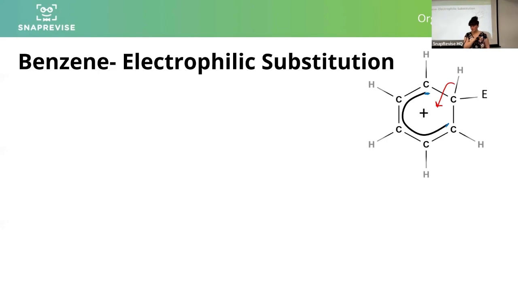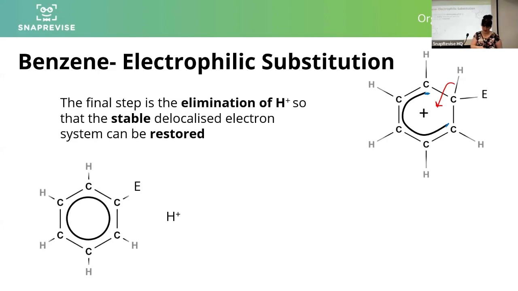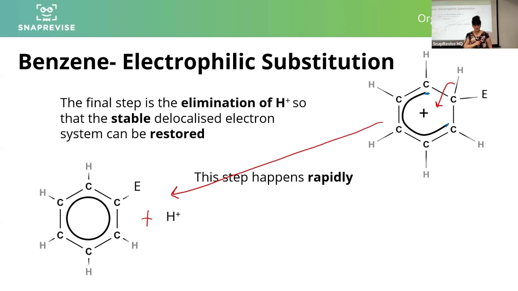So they're going to move towards the positive charge in the center of the ring, creating our substituted ring with a hydrogen ion floating around. This step happens rapidly. Why does it happen rapidly? Because we're recreating a lovely stable molecule. So it's going to happen really quickly. The final step is the elimination of hydrogen so that the stable delocalized electron system can be restored.